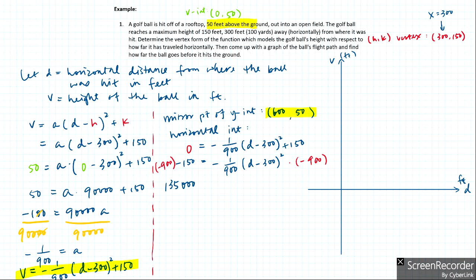And with a cancellation on the right hand side, we would get this is equal to d minus 300 squared. Now once we have this form, we can go ahead and use the square root method. And in this case, once we take the square root, remember we're looking for the horizontal distance. So it doesn't make sense for the distance to be negative. In this case, we would only want to take the positive answer for our result. And therefore, that would give us d minus 300 on the right hand side.